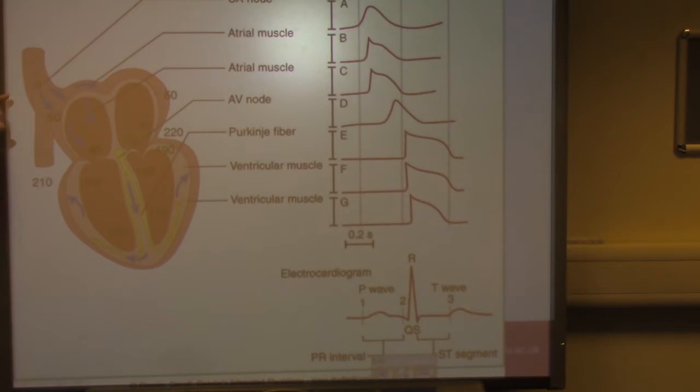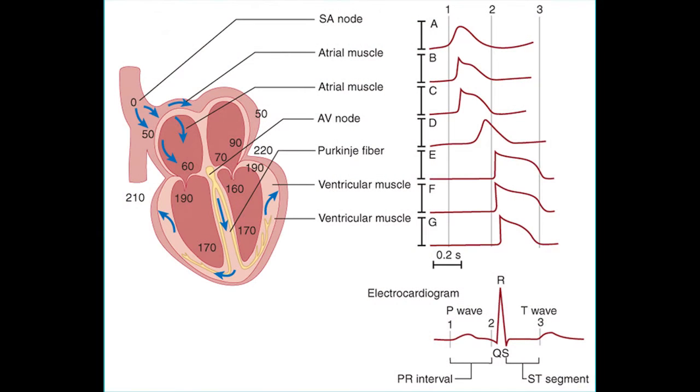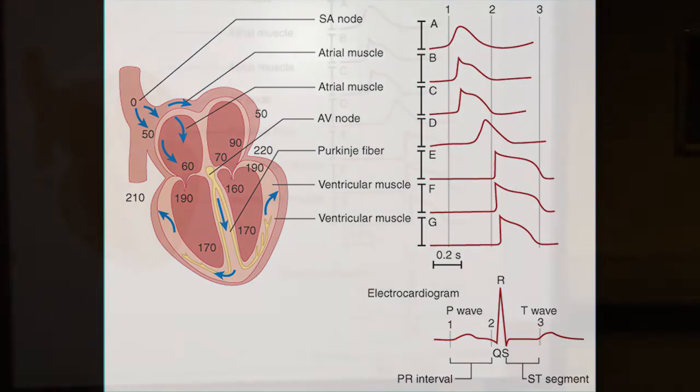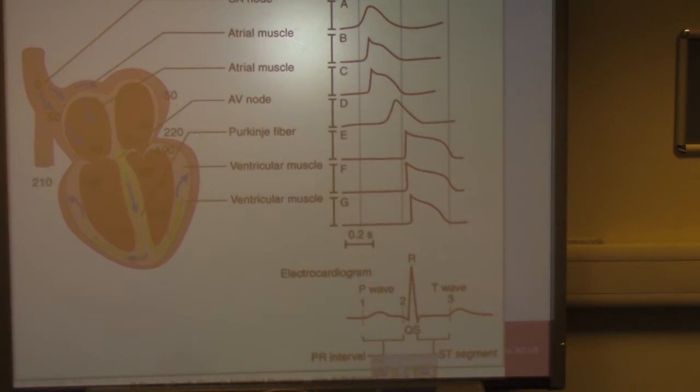Okay? And what we've got here are just the timings in milliseconds for the whole journey to take place. And that's really showing you the wave of excitation as it moves along, moving down across the heart. You get that contraction, excitation, spreading over the surface of the heart.